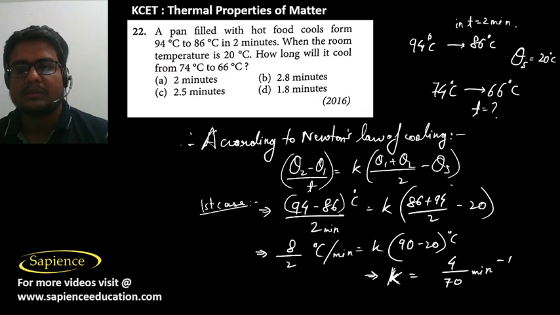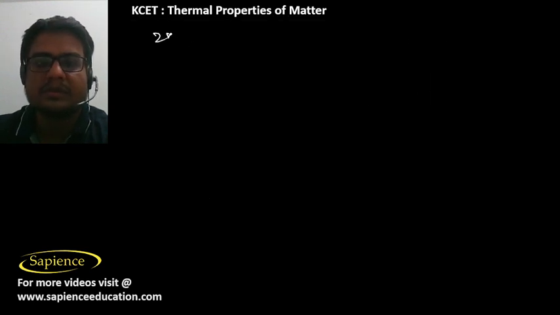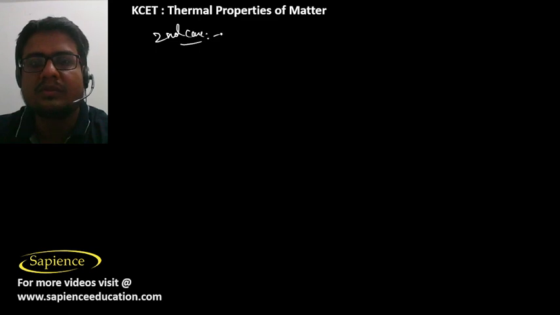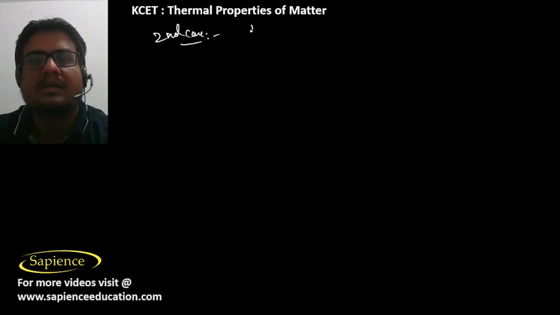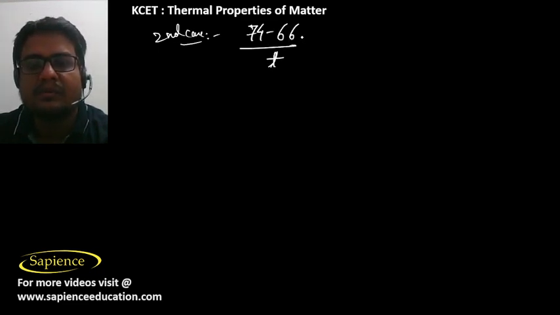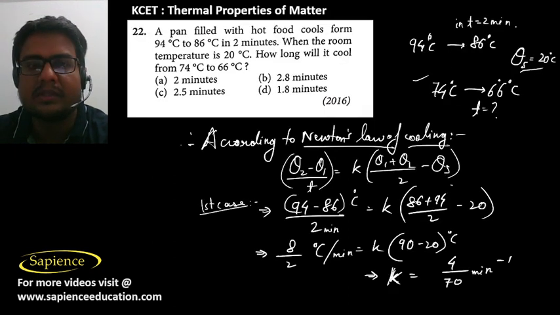This is the constant k which is used in Newton's law of cooling. Now this constant we can use in the second case. In the second case, it cools down from 74 degrees Celsius to 66 degrees Celsius, so therefore I will write (74 minus 66) by t, this time interval we have to find, by t is equal to k into ((74 plus 66) by 2 minus 20), since the surrounding temperature is 20.